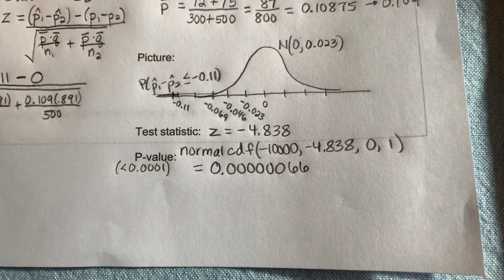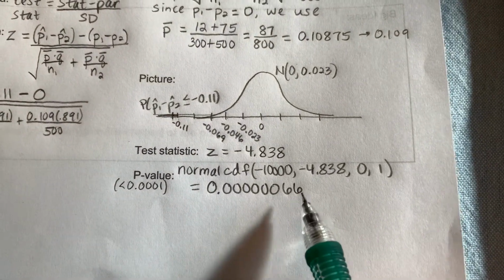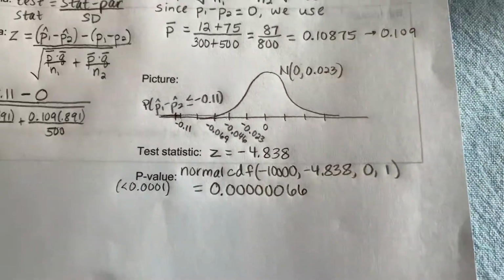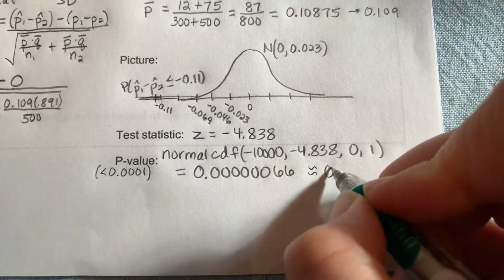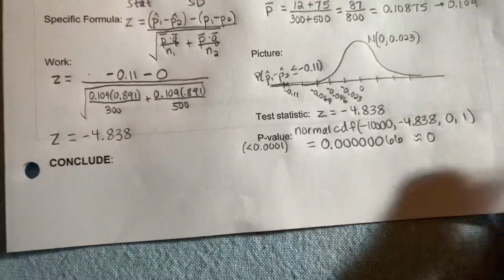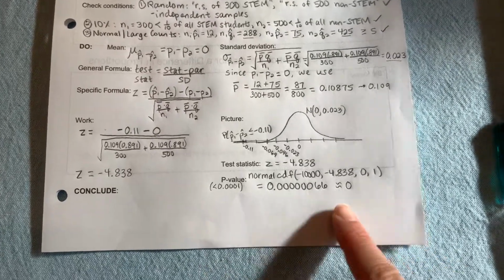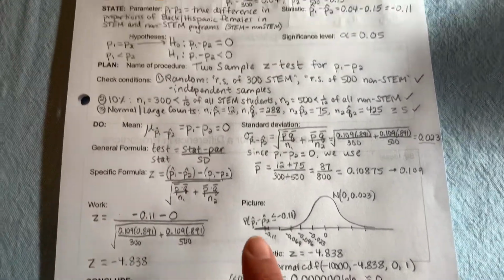Okay. That is definitely less than 0.0001. It's quite a bit less. So I think it was worthwhile actually finding the exact value. You could go ahead and say that this is approximately equal to 0. This is a very, very, very small probability. So let's try to interpret that. Remember, our interpretation for the p-value is assuming the null hypothesis is true.